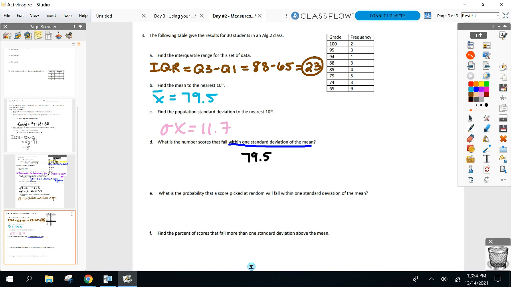What was the standard deviation? 11.7. So let me do it first and explain it. To fall within 1, I am going to add 11.7 to the mean. So go ahead, add 79.5 and 11.7. Let me know what you get.